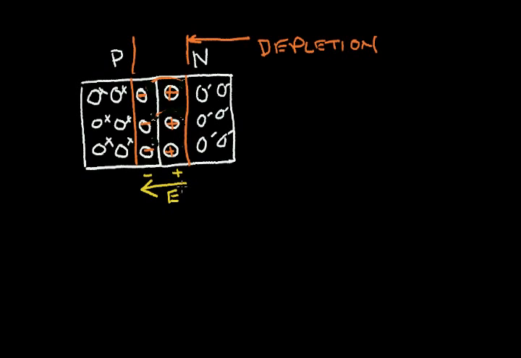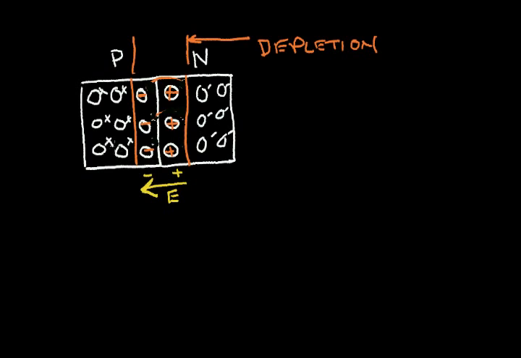Now, recall that an electric field is a measure of force on a small positive charge in this region. So what's going to happen is as these holes try to diffuse towards the right, they're going to be pushed away by this electric field. It's going to repel the holes.